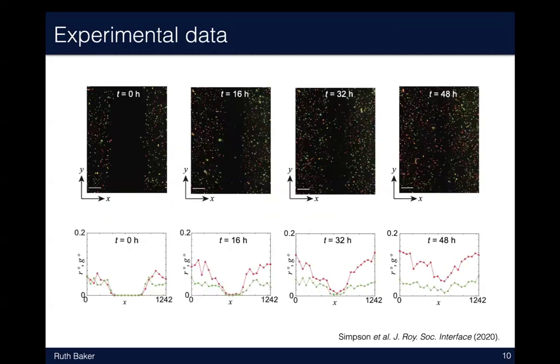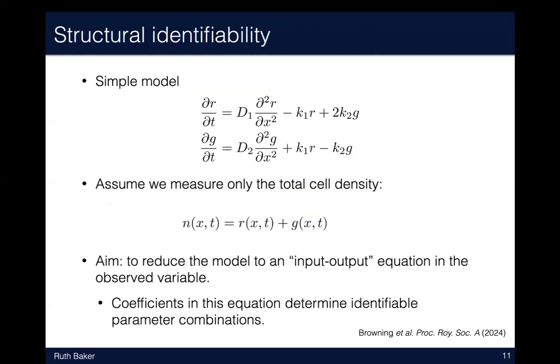So thinking about this data that we had before, we're just going to write down an incredibly simple model and see what we might be able to learn. So we've got red cells and green cells, so density is a function of space and time. And they diffuse, coefficients D1 and D2. And then in my model, basically K1 is a parameter that represents cells progressing through the cell cycle from G1 to SG2M.